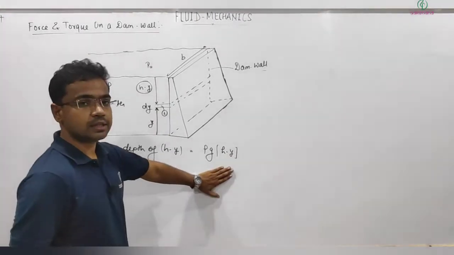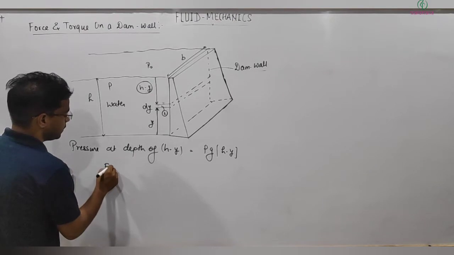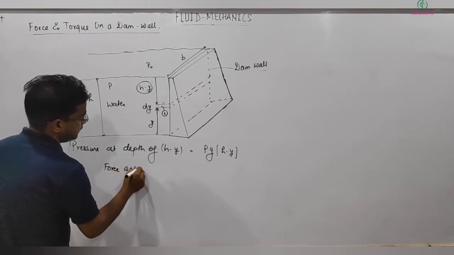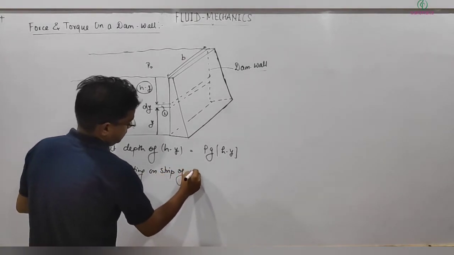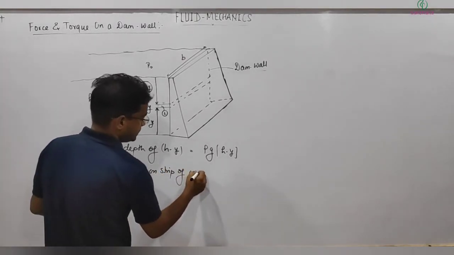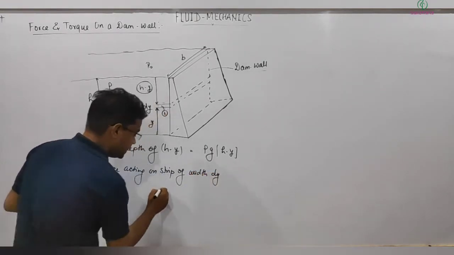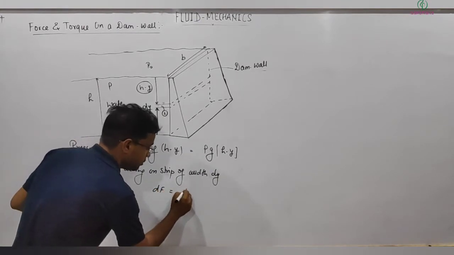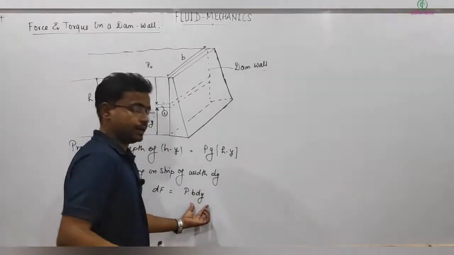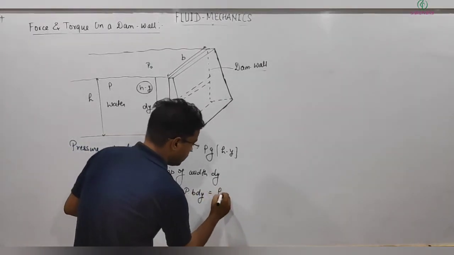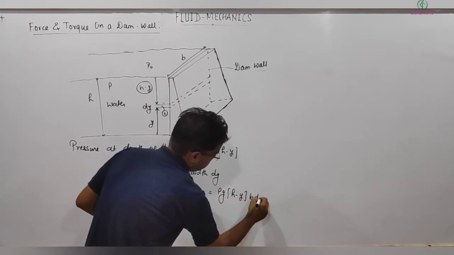This is the pressure. So the force acting on this strip of width dy, df, can be written as pressure multiplied by the area b into dy. And P is rho g into h minus y, into b multiplied by dy.